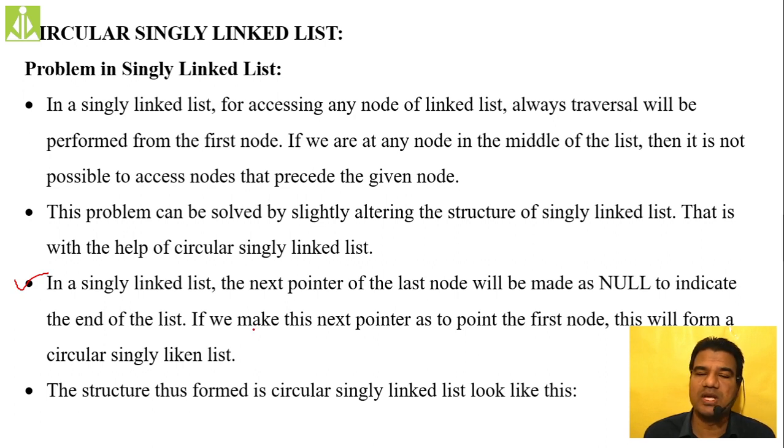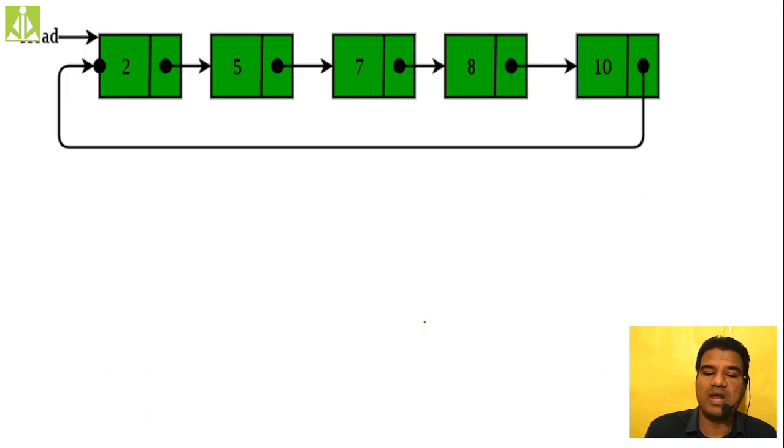This is what we are doing in a normal singly linked list, not circular. If we make this next pointer point to the first node, this will form a circular singly linked list. That is the only change we are going to see. The structure thus formed is a circular singly linked list. It will look like this one.